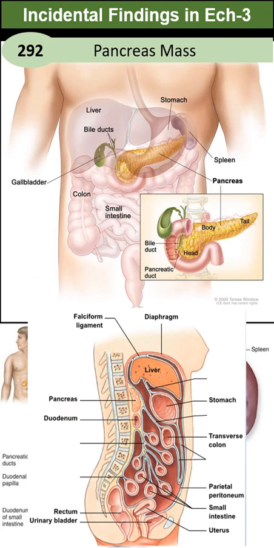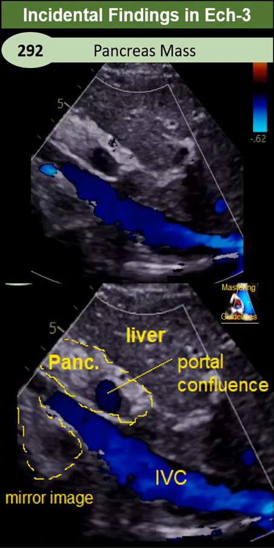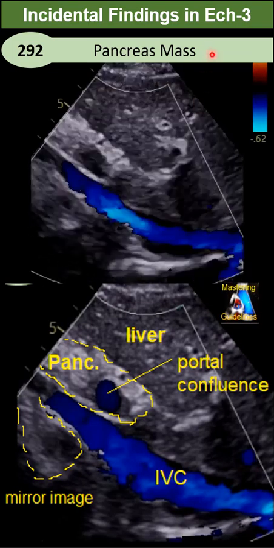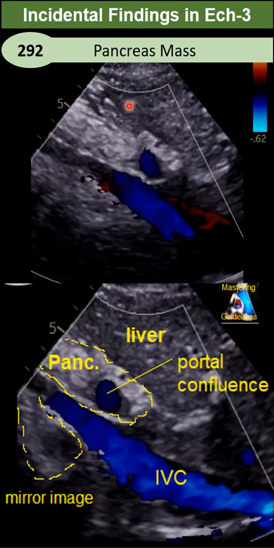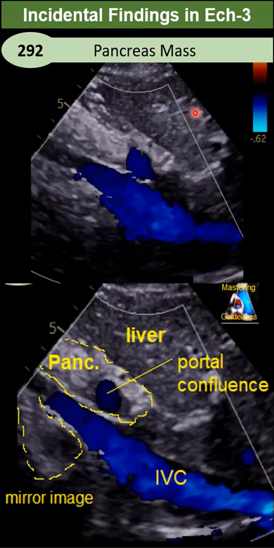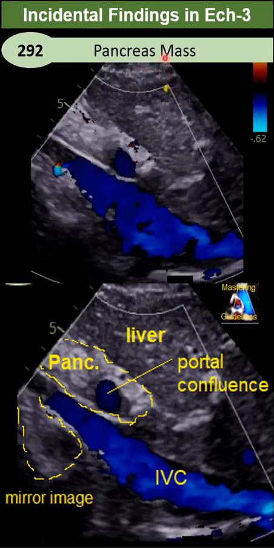Now let's see how the pancreas looks when we get IVC and aorta in the subcostal longitudinal view. Now it becomes very obvious that mid-gray echogenicity is liver.